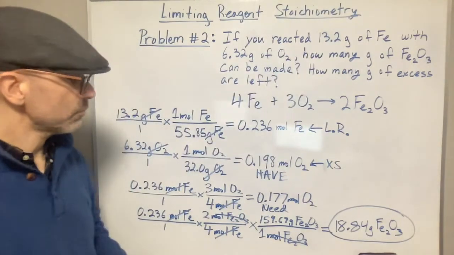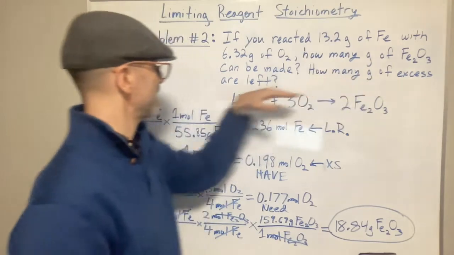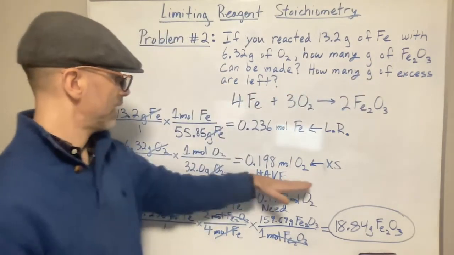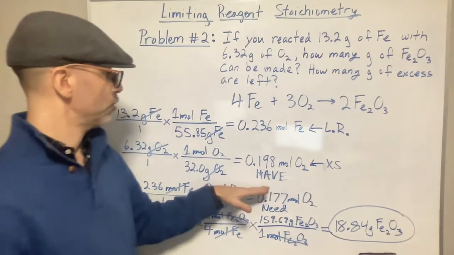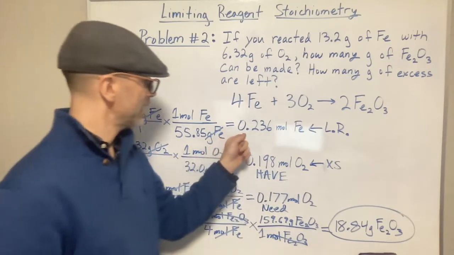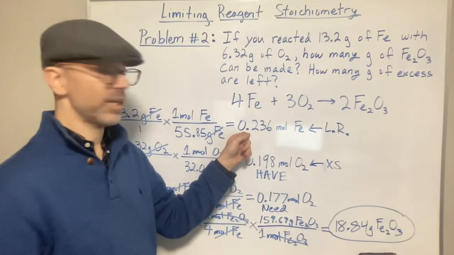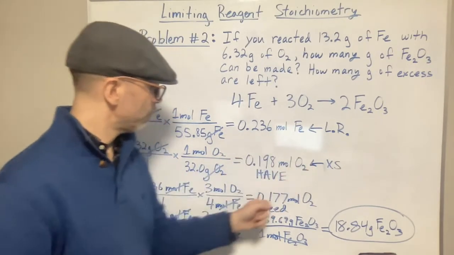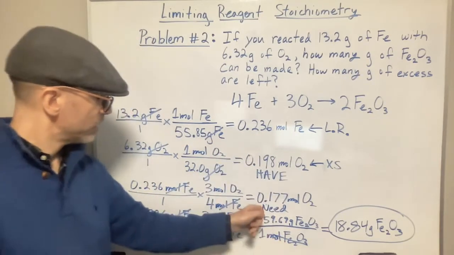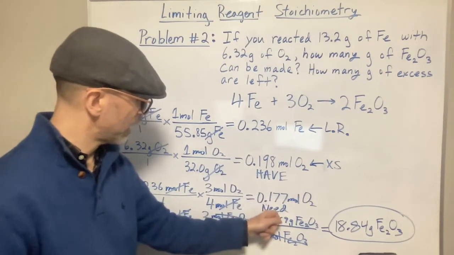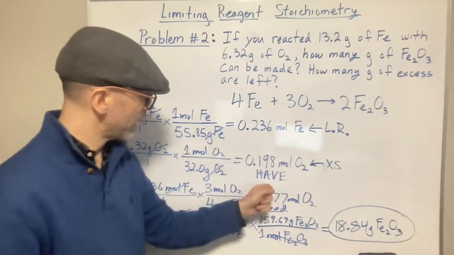grams. So the next question then is, well, how many grams of excess are left? So we said that the oxygen is my excess. So what I can do is take this amount of iron and convert it to the amount of oxygen that I need, which I've already done, right? So this is the amount of oxygen that I need, and this is how much I have.